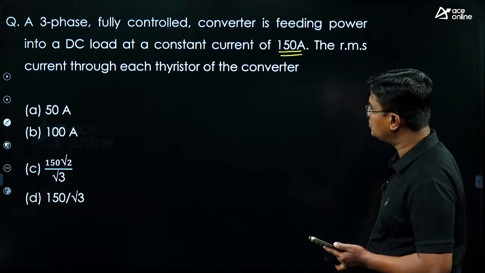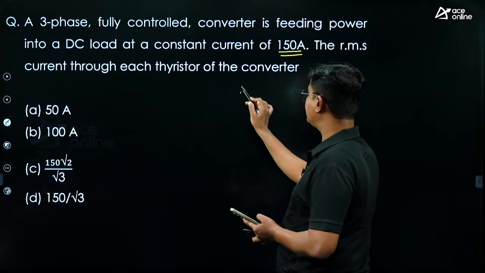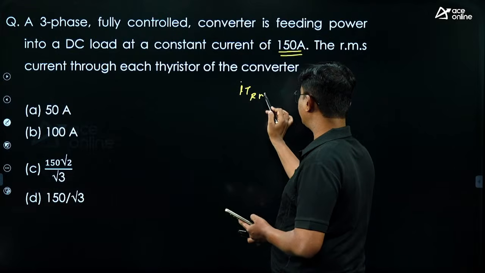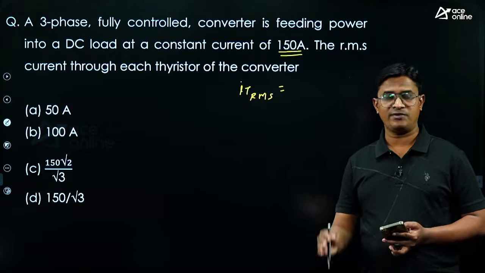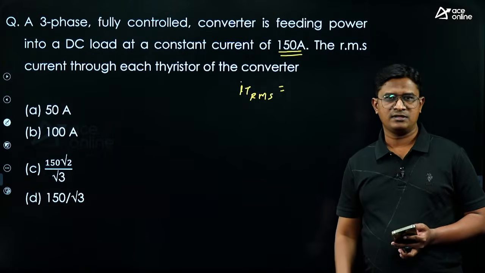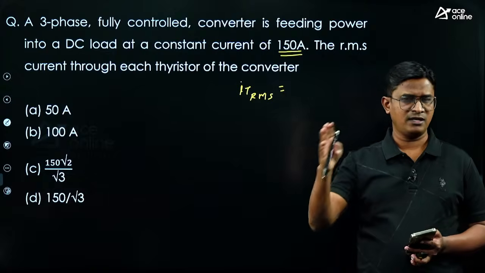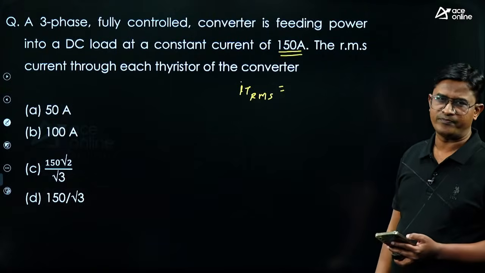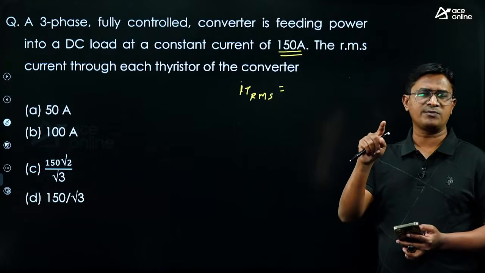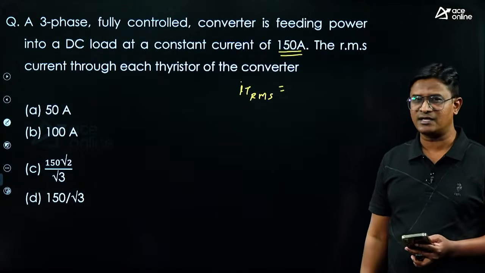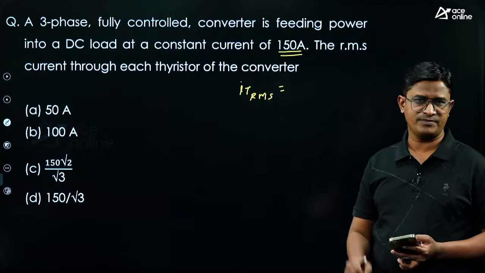They are asking what is the IT RMS, the RMS current through each thyristor. For a three-phase full converter we have 6 thyristors. 3 are in the upper group, remaining 3 are in the lower group: T1, T3, T5, T4, T6, T2. At any instant 2 SCRs conduct, one from upper group and second from lower group. Each SCR conducts for 120 degree.